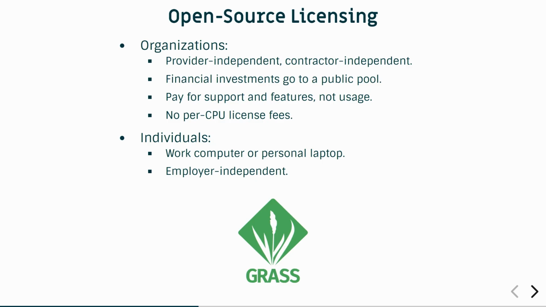And for individuals, you can work with the same software on your work or personal laptop. A lot of government offices on different levels allow GRASS or QGIS with GRASS to be used already now, or you have to go through the approval process.